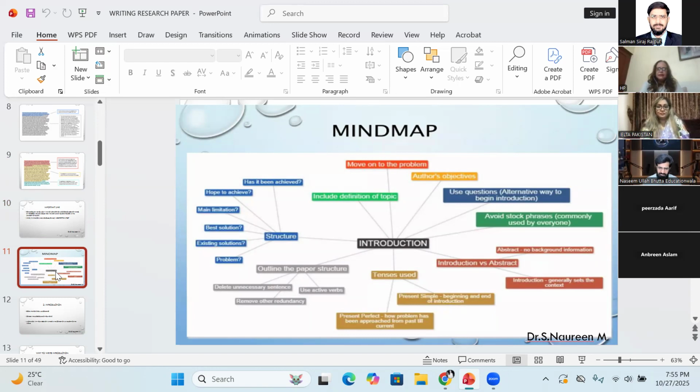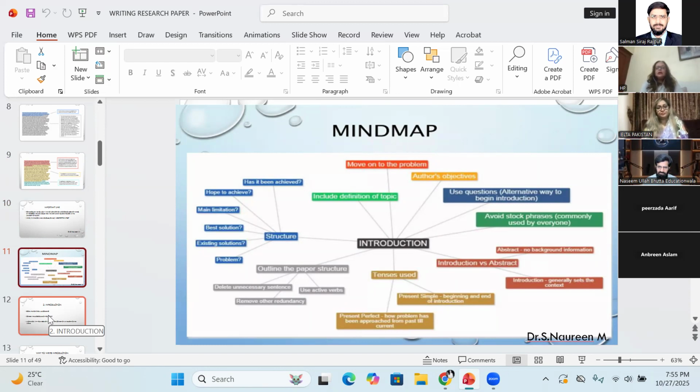This is what goes on within the mind of a researcher when you sit to write the introduction. You will see the pros and cons of this, and hopefully it will become meaningful to you when you read it in your own free time. I'm moving on.